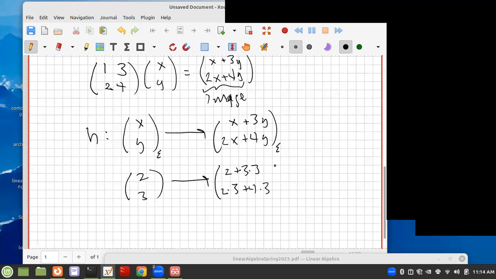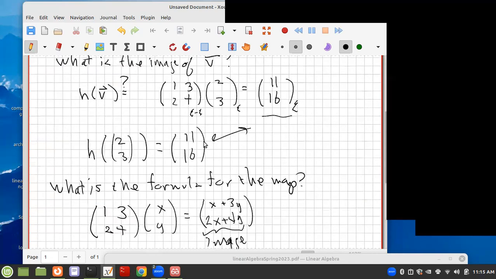Oh, wait a minute, I just misapplied this. The x is 2, so I'm putting in 2 times 2 plus 4 times 3: 4 times 3 is 12, 2 times 2 is 4, so I get 16. You can see I get the same thing as up here.